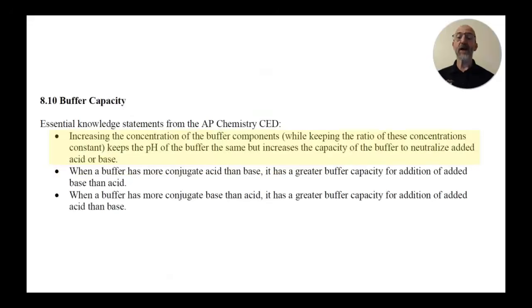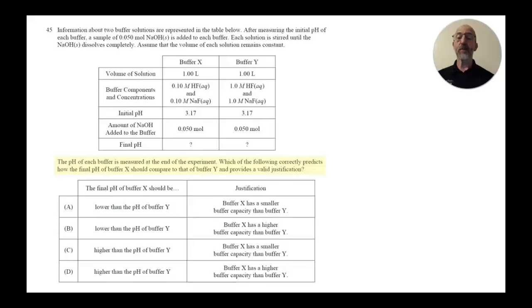And the higher concentration of the buffer components leads to a higher buffer capacity. The higher buffer capacity means it's better able to resist changes in pH when either a strong acid or a strong base is added to the buffer. So, as I mentioned, buffer X has a lower concentration of the buffer components, whereas buffer Y has a higher concentration of the buffer components.